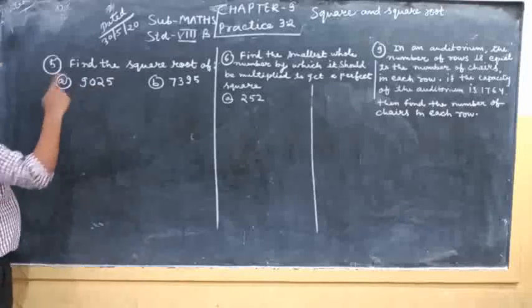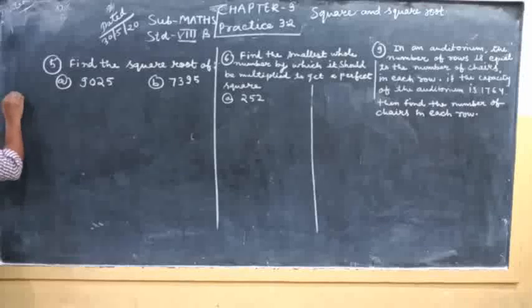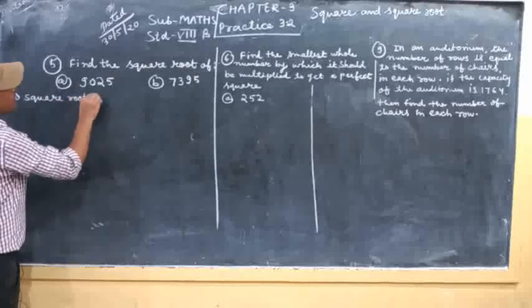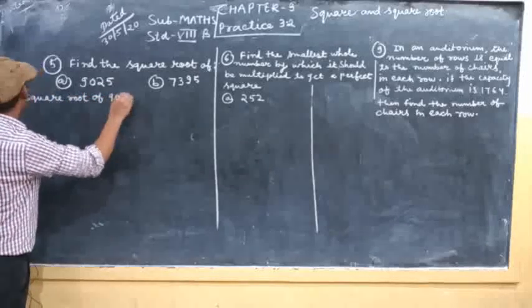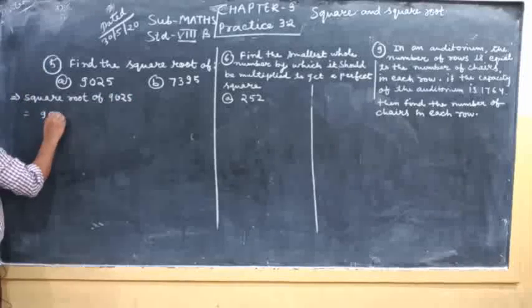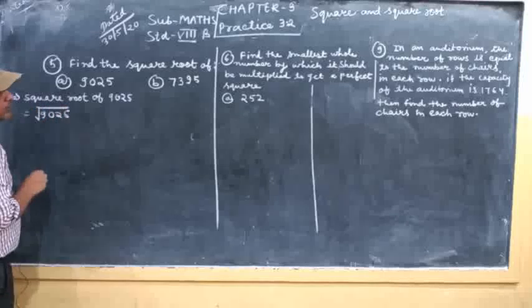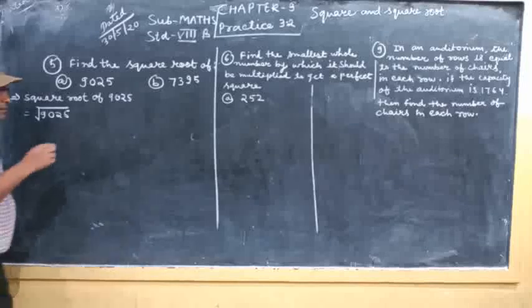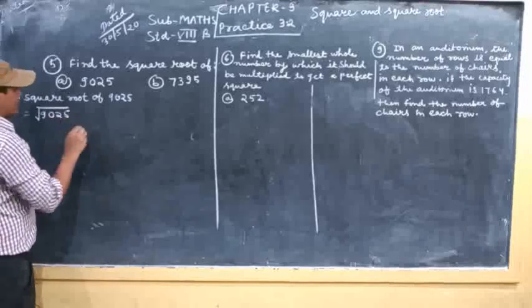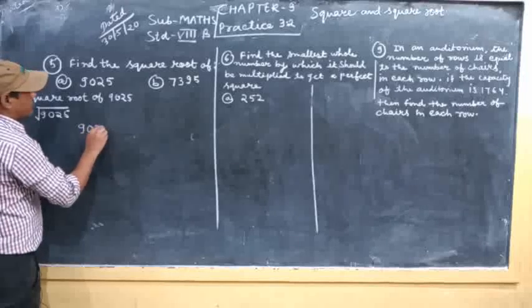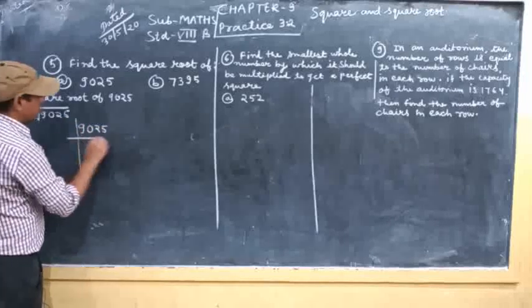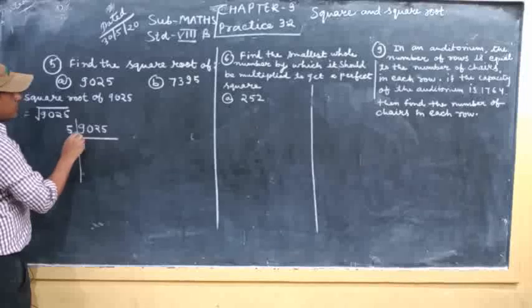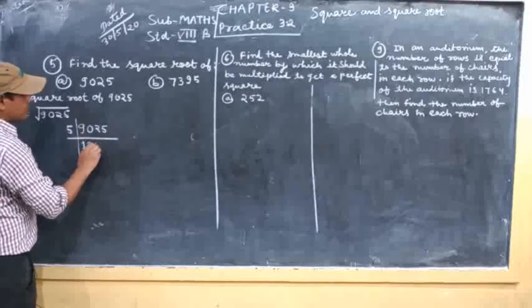We find the square root of 9025 by prime factorization. 9025 is divisible by 5, so we write 1805.